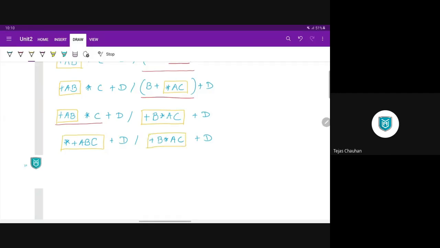So now again have a look at the operators: plus, divide, and plus. Plus is having lesser precedence compared to division. So first we are going to solve this division process.